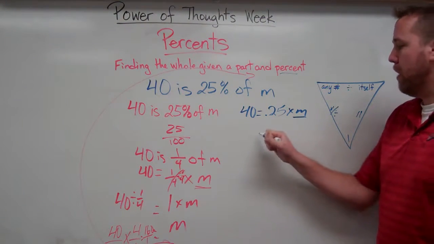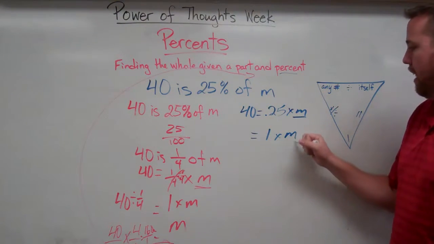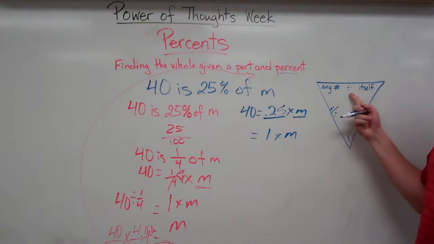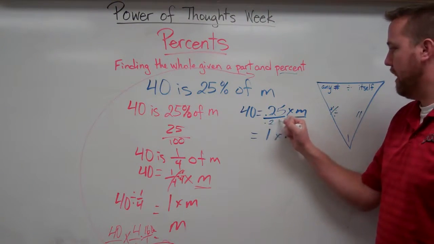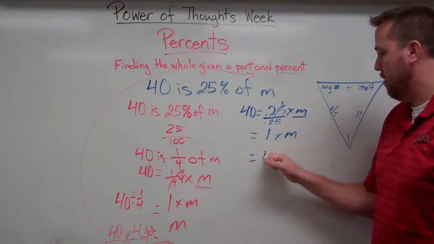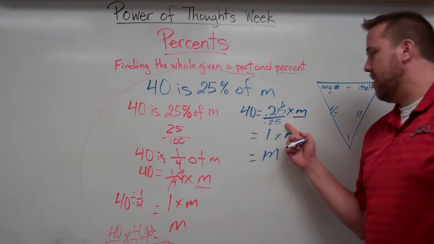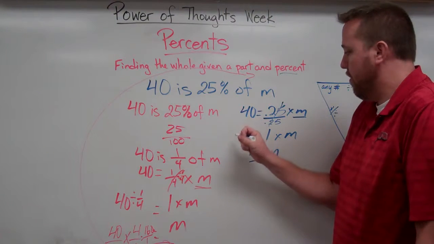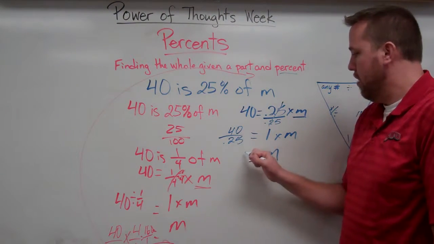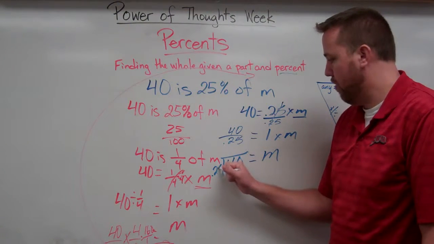We want to isolate m, so we need to get that to equal 1 times m. Any number divided by itself equals 1, so we divide this side by itself, which cancels out and equals 1. So we have our mystery number right here. Now, I divided this side by 0.25, so I divide the other side by the same. So 40 divided by 0.25.